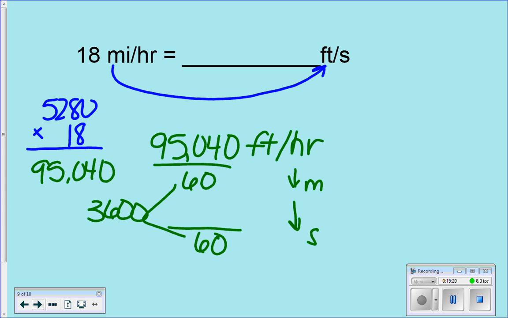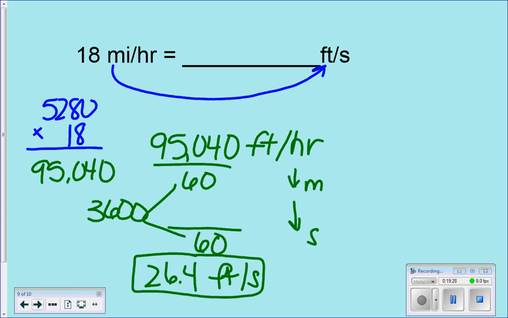I think you come up with this. Feet per second. That's what you should have come up with anyway. Oh, that's fine. Did you divide by this? Or what did you divide?